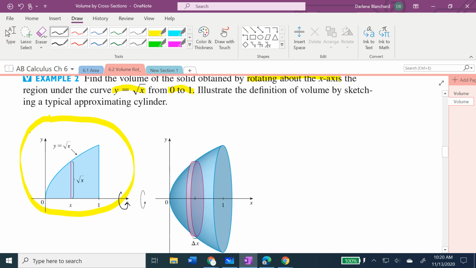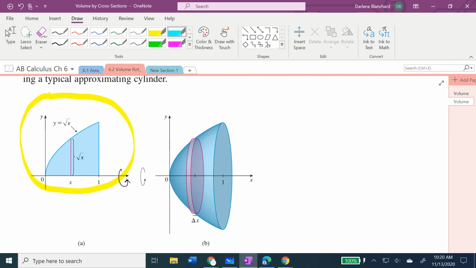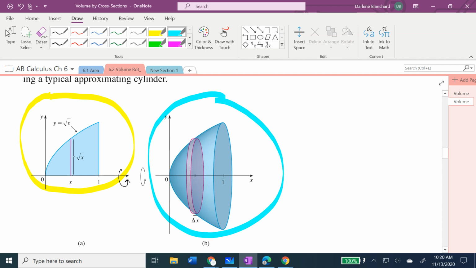As you look at the picture that I've got highlighted, and then the picture right next to it, which is showing you what it visually looks like when you rotate the region in blue, and then in pinkish color, one of the discs. Now, because the width, the thickness of this disc is horizontal, that means it's a dx integral.